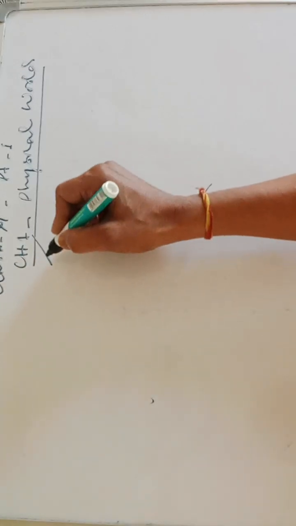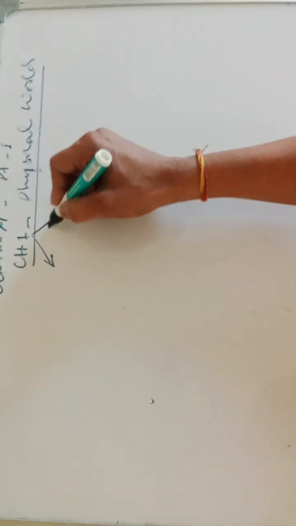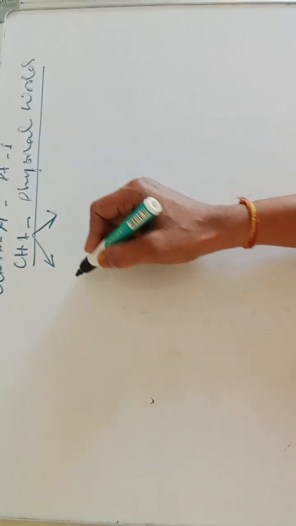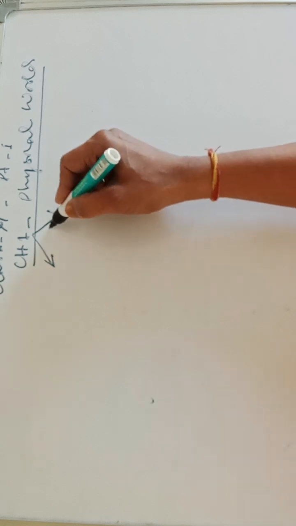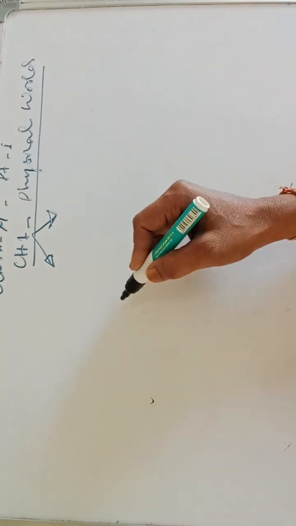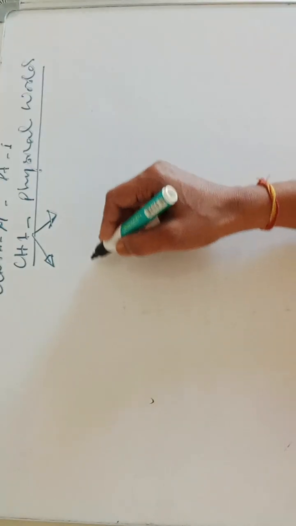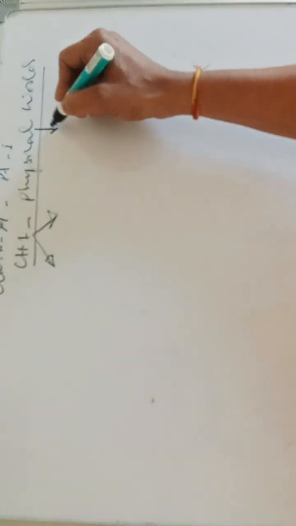As the name indicates, the world which is visible to us, whether it is visible to the naked eye or with the help of instruments, that means it has physical existence, is the physical world.